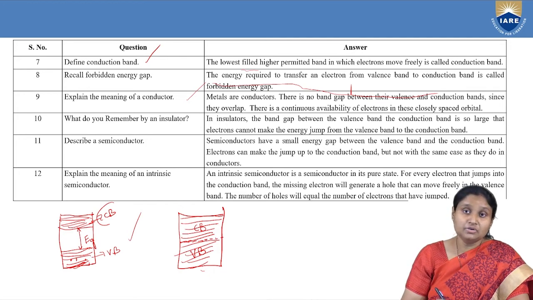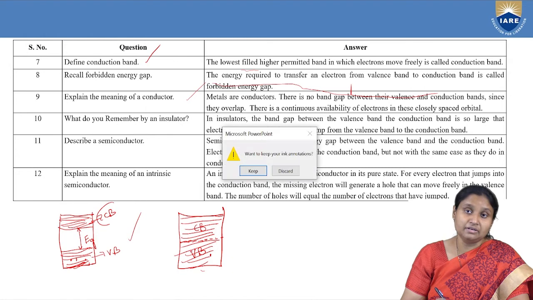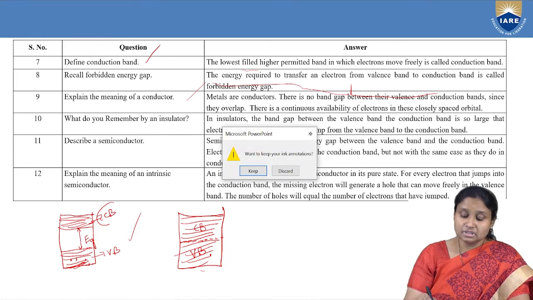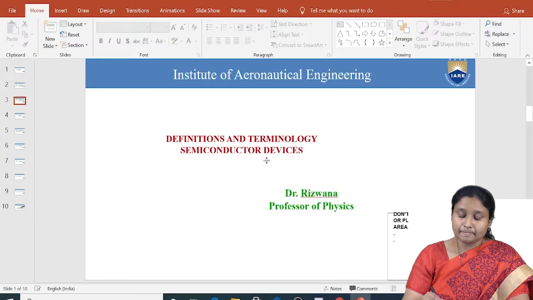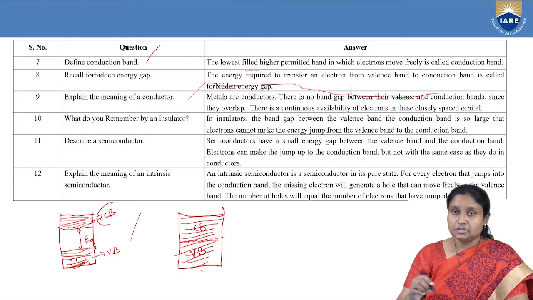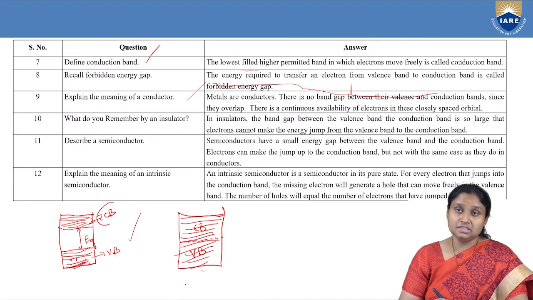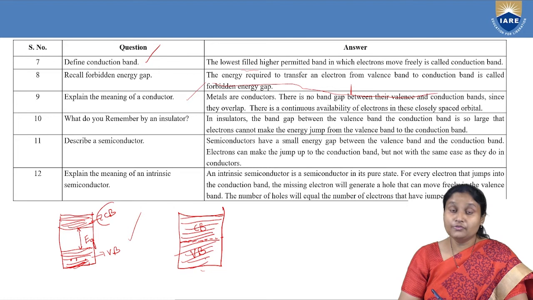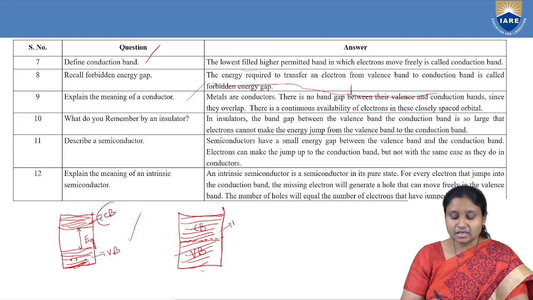It means that the electrons present in the valence band, the valence electrons, don't need any energy to go to the conduction band. So generally these valence electrons will easily flow from valence band to conduction band. We don't have to supply energy, and the best example for conductors are metals.